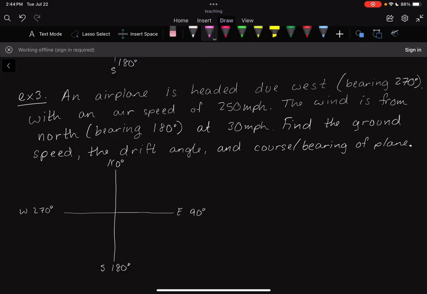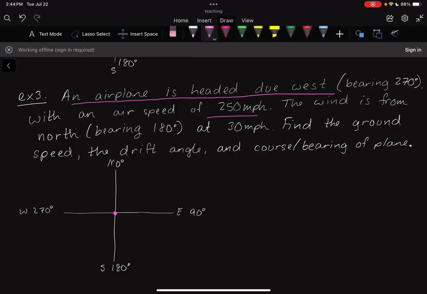So we'll always say that the plane is going to start from the origin. So we're saying this plane heads due west, which means it's bearing 270 degrees with an airspeed of 250.